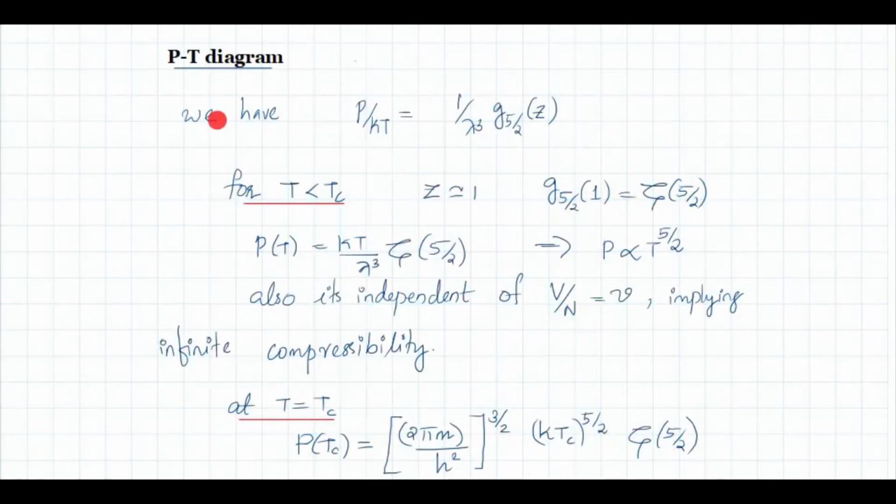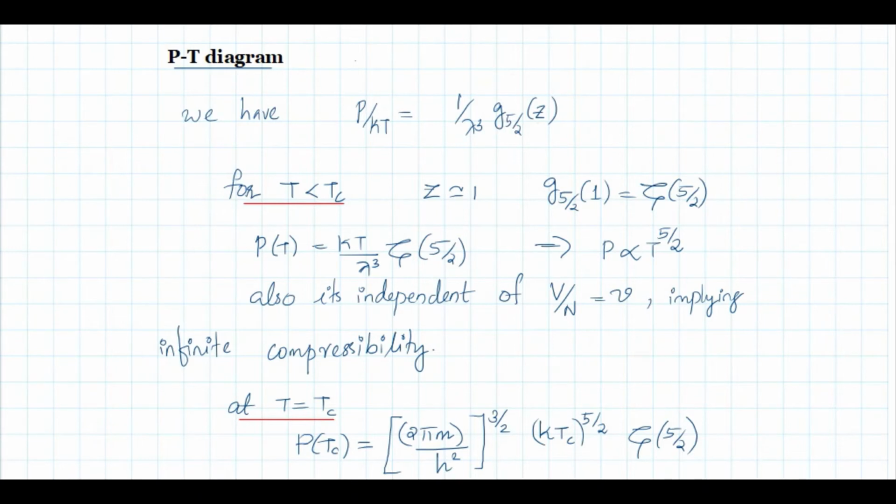Now we will discuss the PT diagram for a Bose gas. We have the expression P by KT is equal to 1 by lambda cube G 5 by 2 of Z. Actually, we started this lecture with this expression. And for T less than Tc, we already proved that Z is approximately 1.